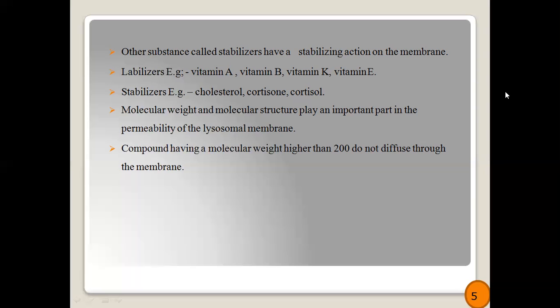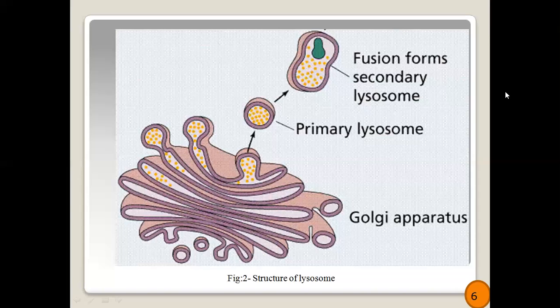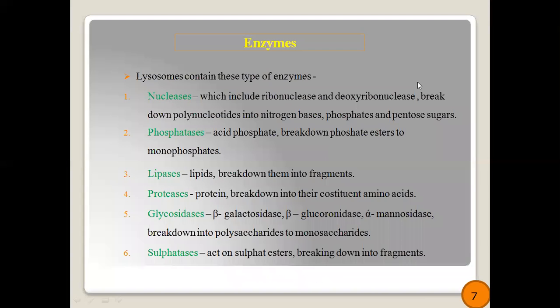This is the structure of a lysosome. We can see the Golgi apparatus, and from that primary lysosomes are derived, and after that the primary lysosome will bind to form the secondary lysosome, and it will become the fusion form of secondary lysosome.